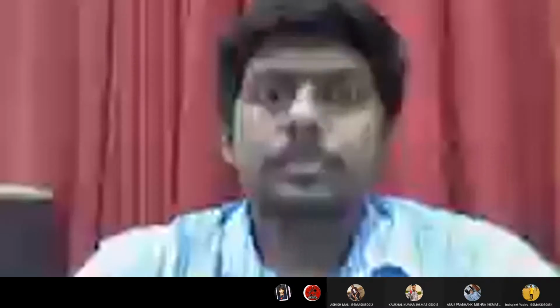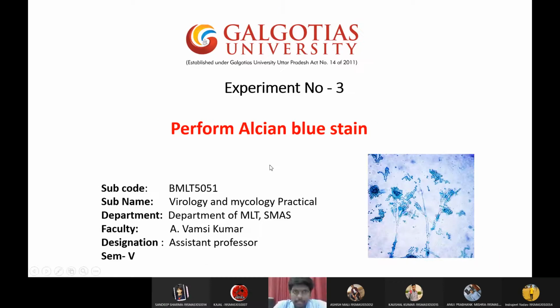So the third experiment is performing Alcian blue stain. What is the reason for this Alcian blue stain? Basically, students, we have only one stain which has properties to stain the mucopolysaccharide membrane.